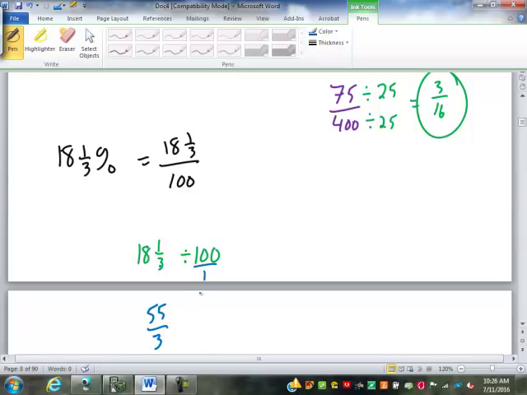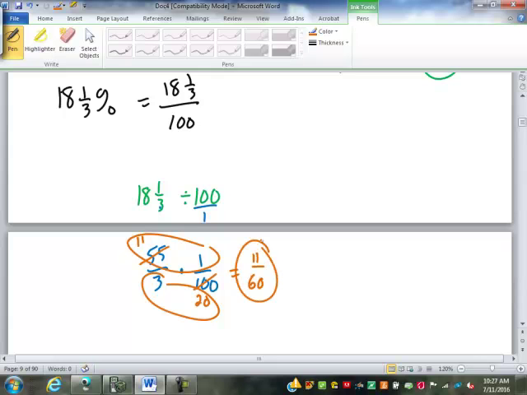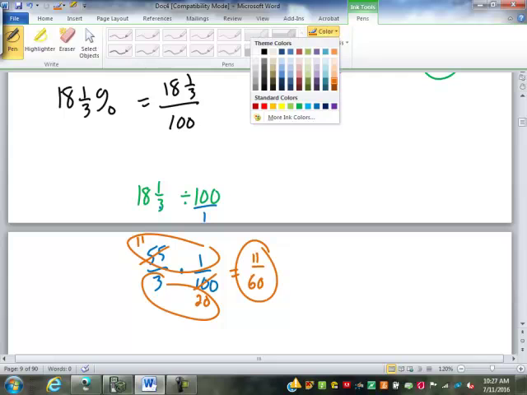Instead of dividing by 100 over 1, we're going to multiply by 1 over 100. We can reduce by cross-canceling. 55 and 100 both divide by 5 to give me 11 and 20. 11 times 1 is 11. 3 times 20 is 60. So 18 1/3% is the same as saying 11 out of 60.